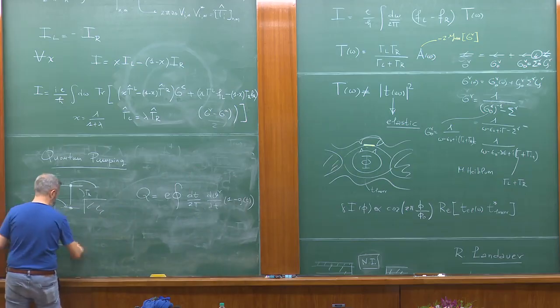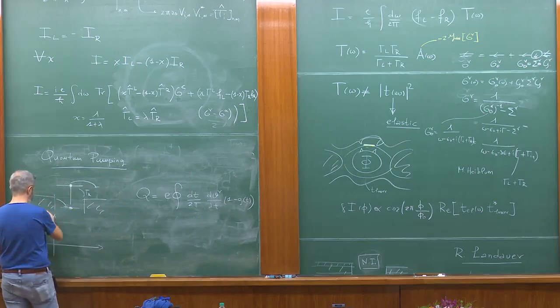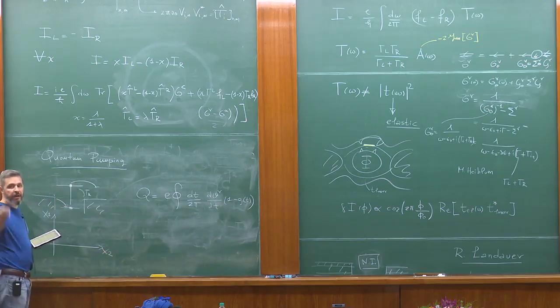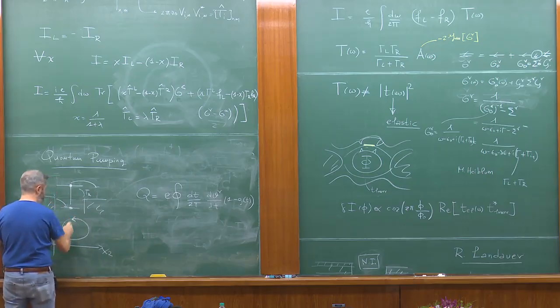I'm imagining that in order to do pumping, I'm taking two of the parameters of my system and I'm varying them along a certain cycle in parameter space.